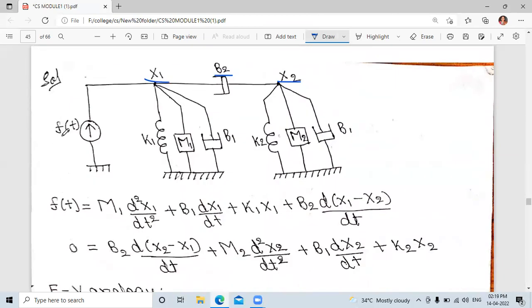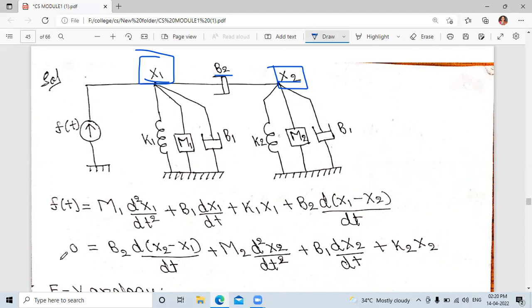The first equation: F of t is equal to M1 d squared x1 by dt squared plus B1 dx1 by dt plus K1 x1 plus B2 times (dx1 by dt minus dx2 by dt). We have written this equation for x1. Now we write the equation for x2. Is any force connected to x2?